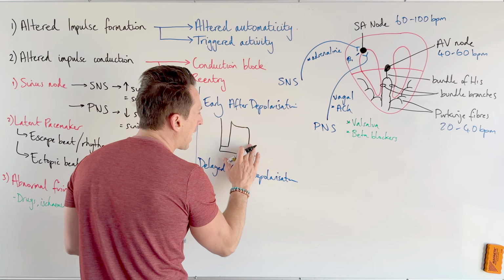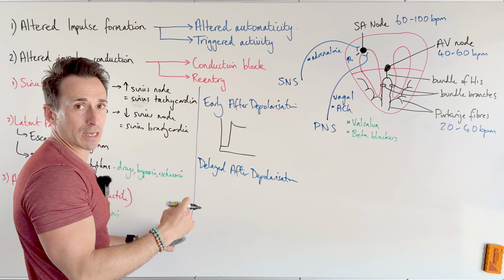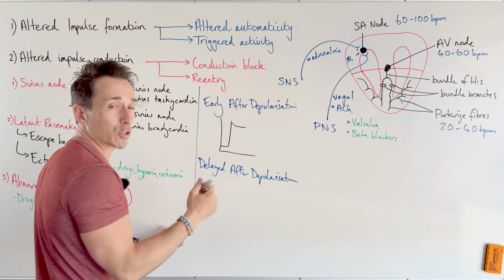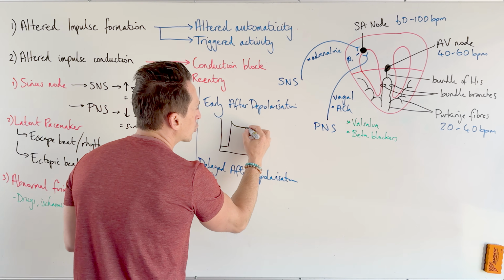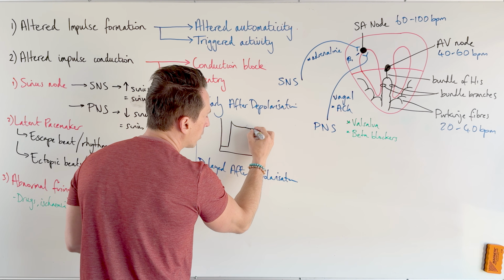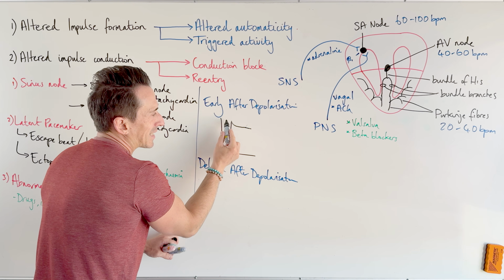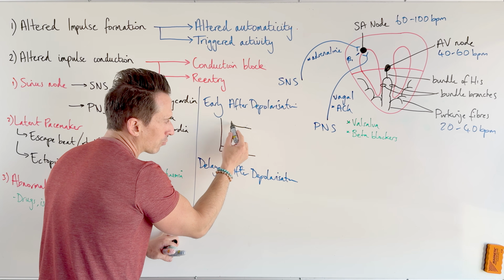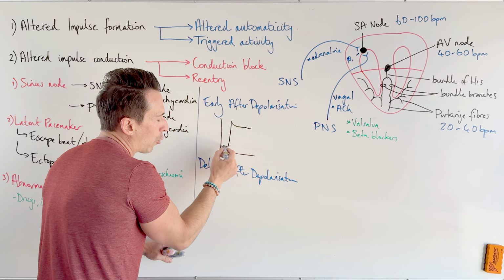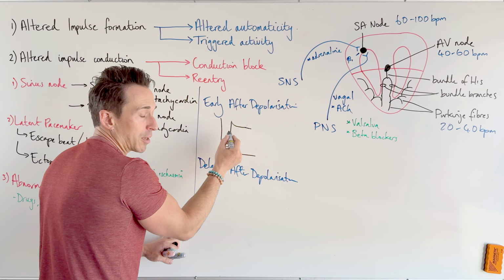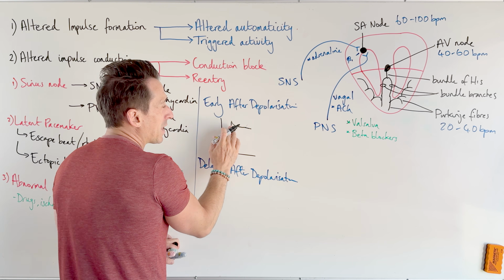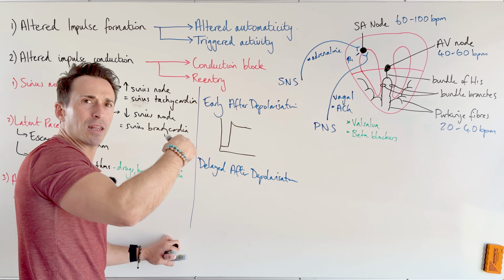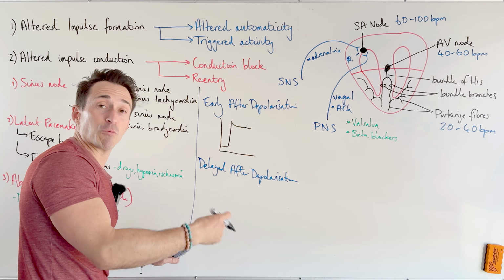Now, if something happens that prolongs the action potential, so stretches it out for too long, the calcium channels that are resulting in calcium entering, or the sodium channels that resulted in the depolarization phase, if this happens for too long, they can reset and reopen again.